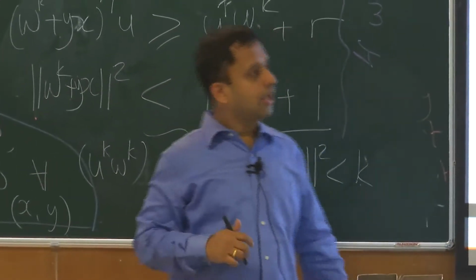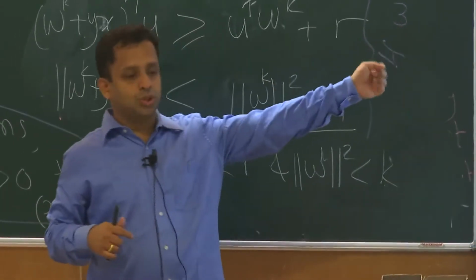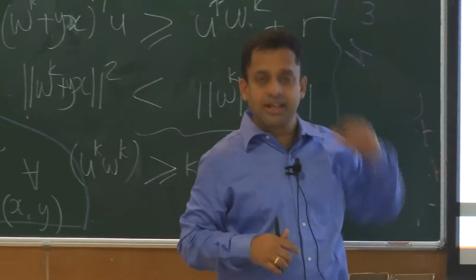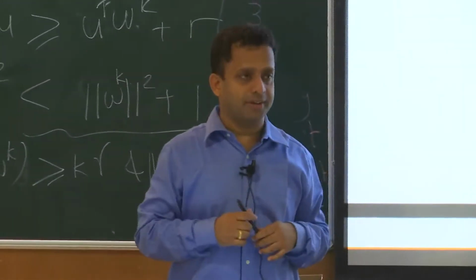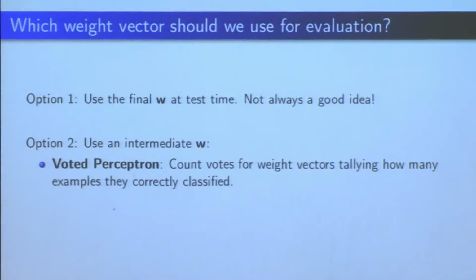Now what weight vector should we use for evaluation finally? Using the final W at test time is not always a good idea, because you have gone through stochastic updates. What you often do is something called voted perceptron. You count the votes for weight vectors, how many examples they correctly classified.